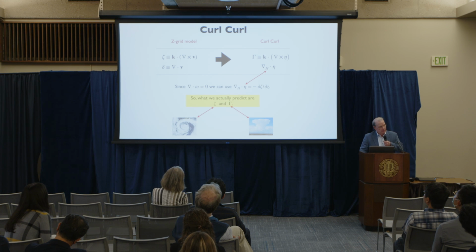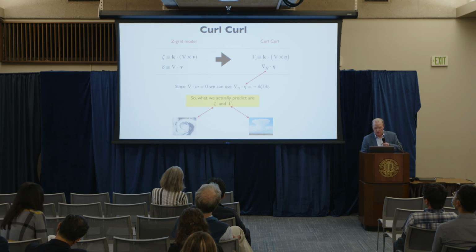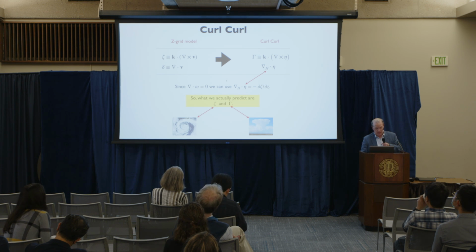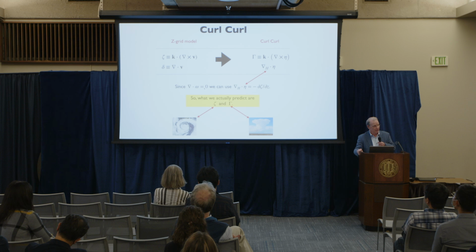So here's how it works. What I'm doing here is comparing the Z-grid model on the left side with curl on the right. With the Z-grid model, we're predicting zeta and delta, which are defined here. With curl, we're predicting the curl of the horizontal vorticity vector, there it is, and the divergence of the horizontal vorticity vector. But the three-dimensional vorticity vector is non-divergent because it's a curl.